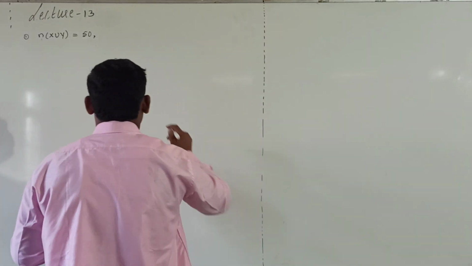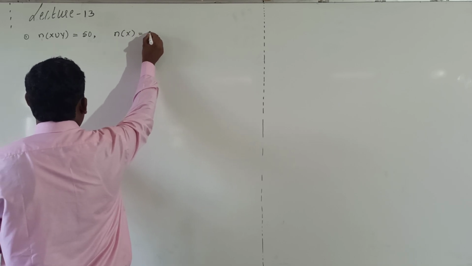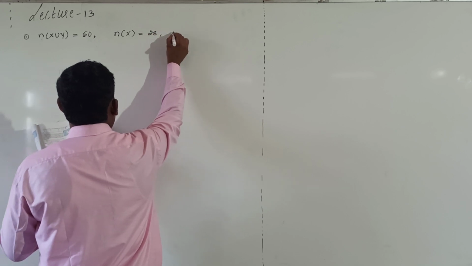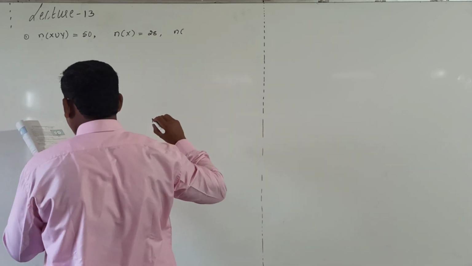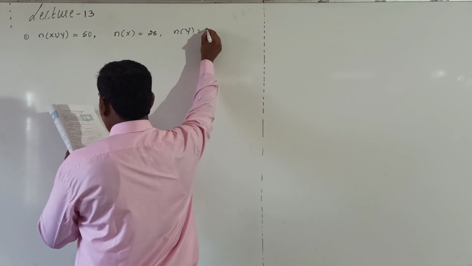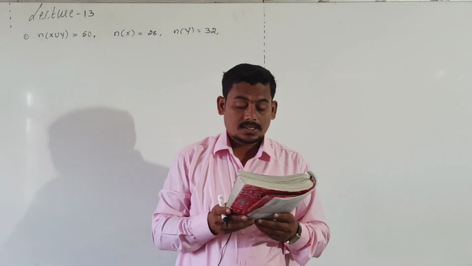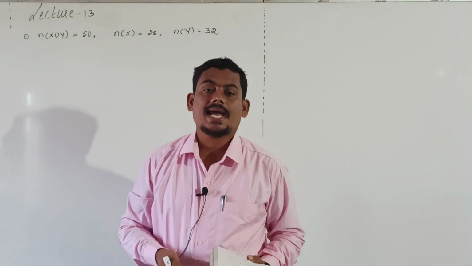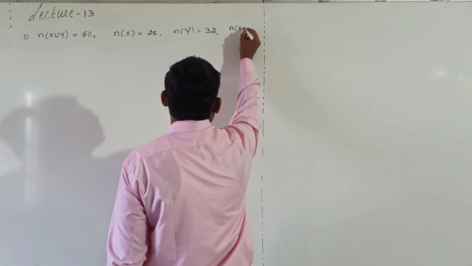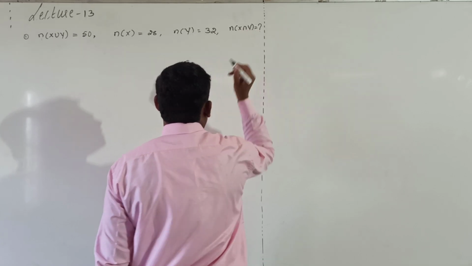X has 28 elements, meaning the number of elements in capital X is equal to 28. The number of elements in capital Y is equal to 32. How many elements does X intersection Y have? It means we need to find the number of elements in X intersection Y.